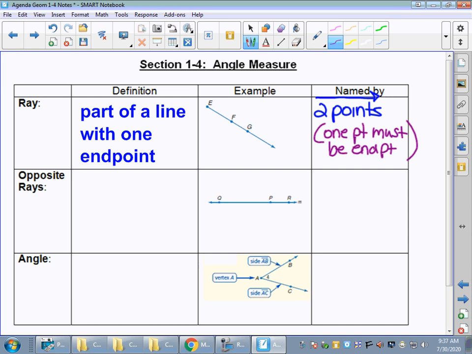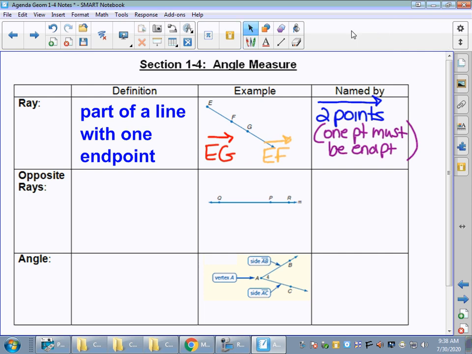When we named a line, we named it with 2 points on the line with a line above it. Well, when we name a ray, we've got to use the endpoint and another point. So I could name this ray, ray EG, or I could name it ray EF.